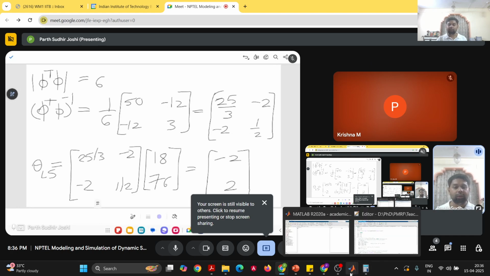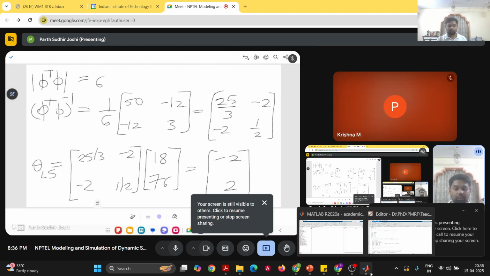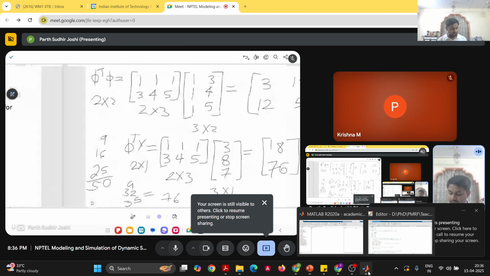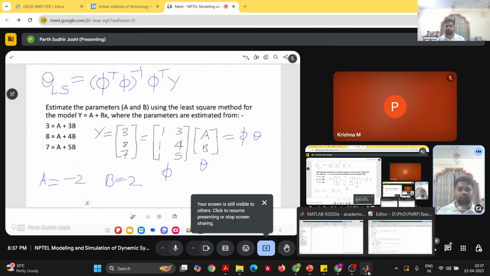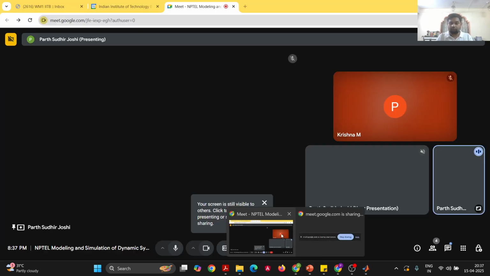Yeah, so before we proceed with the next problem, we can also try to solve this problem using MATLAB. So we can just quickly see how we can use MATLAB effectively for this kind of matrix multiplication. This problem involves a lot of matrix multiplication, so we can see how MATLAB can be used for this. So let me share my screen now.